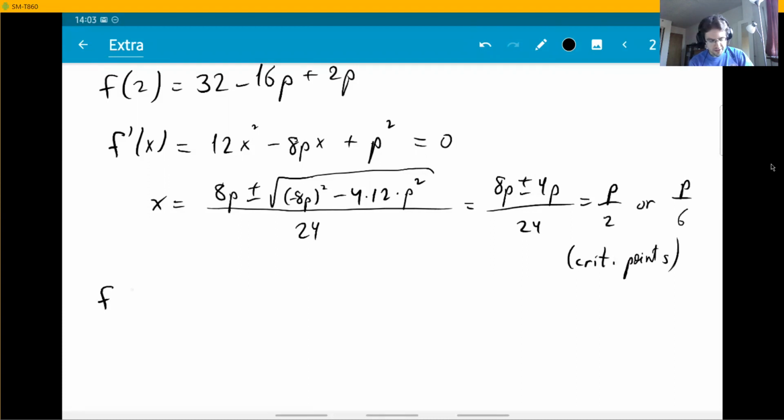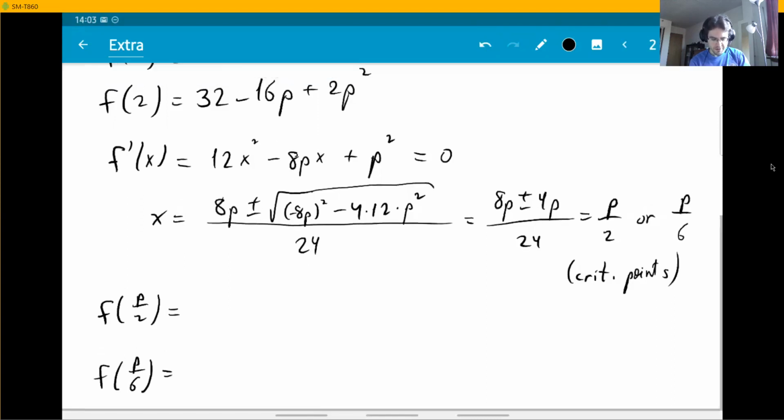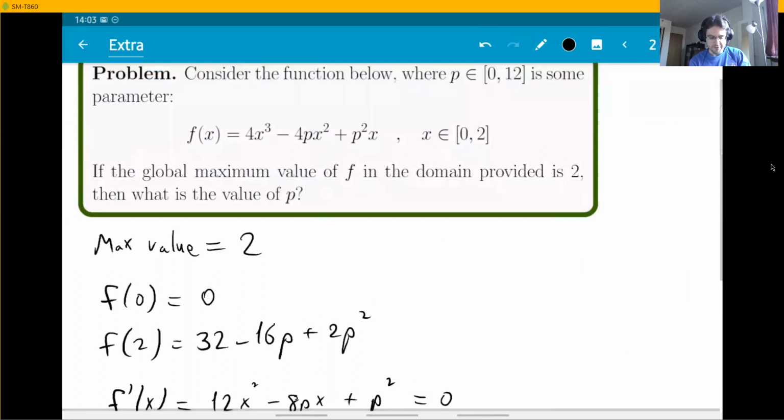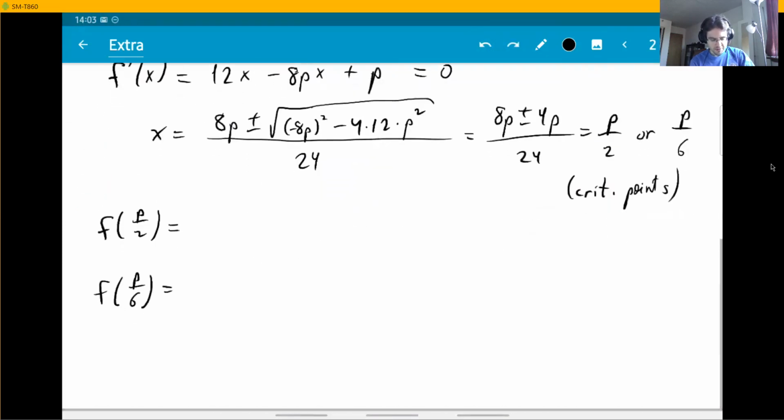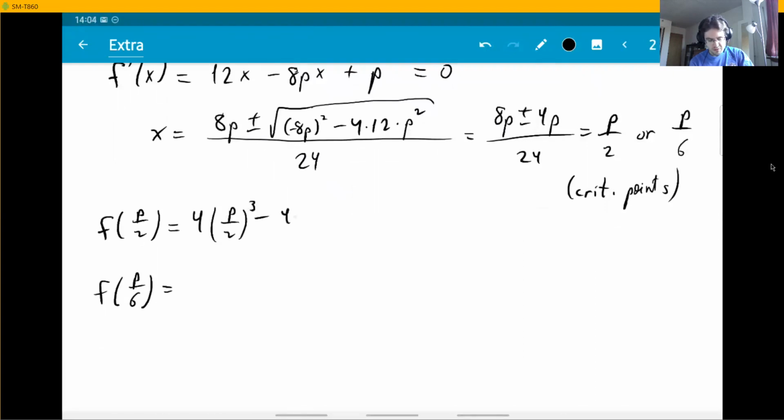So you go back to the original function f and evaluate it at these two points, f of p over 2 and f of p over 6. For example, plug in x equals p over 2 into f right here: 4x cubed minus 4p x squared, and then plus p squared times x.